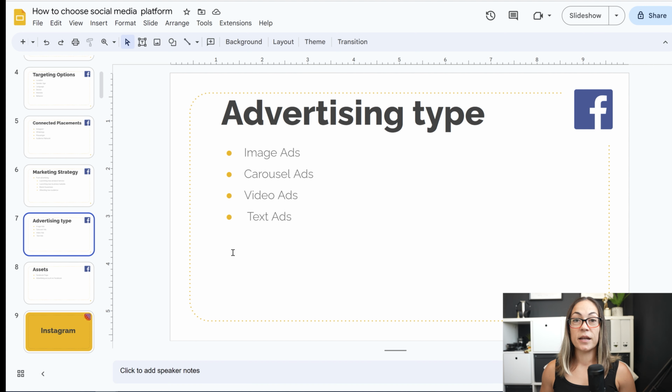Another key metric that is important for us to understand is advertising type. If I already have my ideal customer profile, but I can't create content that is suitable for the specific social media platform, I am in trouble.